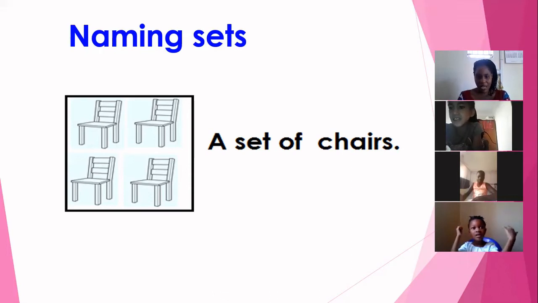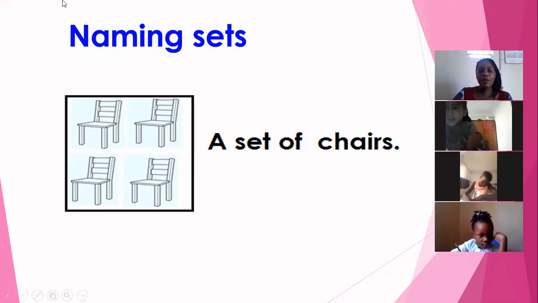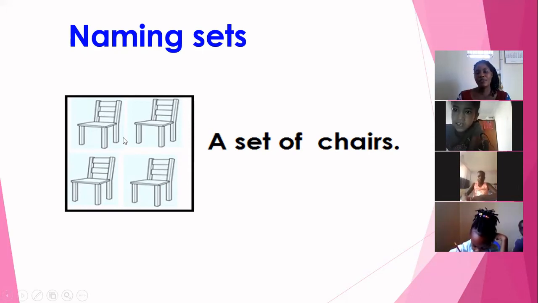But before we name it, if you're told to draw a set, it has to be enclosed. If I talk of the word enclosed, it means like the one you see on the screen. These ones are enclosed in a square. Are you seeing that square? And some sets are even put in a circle, others in a triangle.